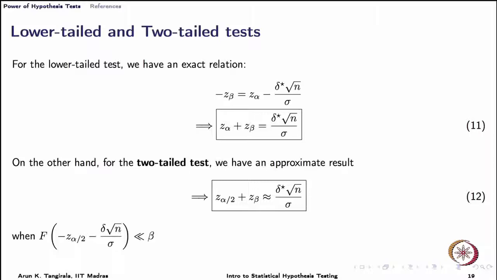In such situations only this expression should be used. So, you should be able to really test that out before you use the expression. Notice that unlike in the single tail test, we have z alpha by 2. So, that is another change that you should watch out for.